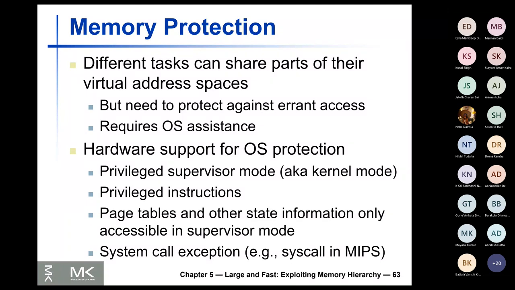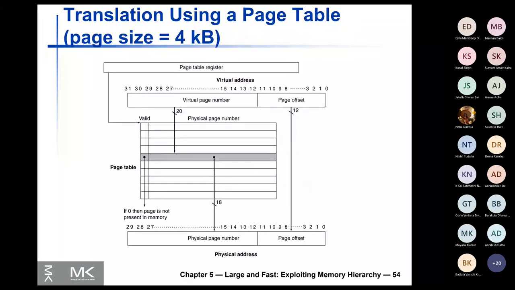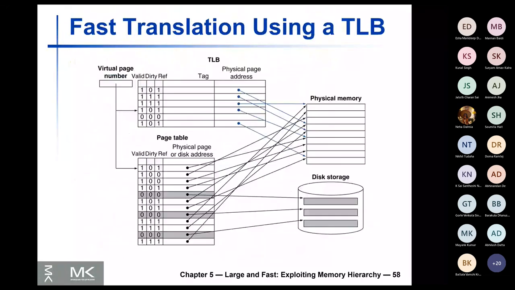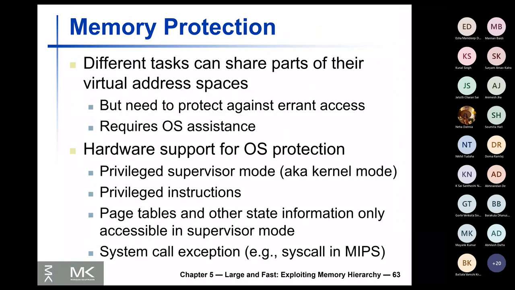Okay, and the starting position of the page table for that process is held in some register inside the CPU, the page table register. All of this together is the state of the process. So that state is only accessible in the kernel mode and not modifiable as such in general by an arbitrary user program. Okay.